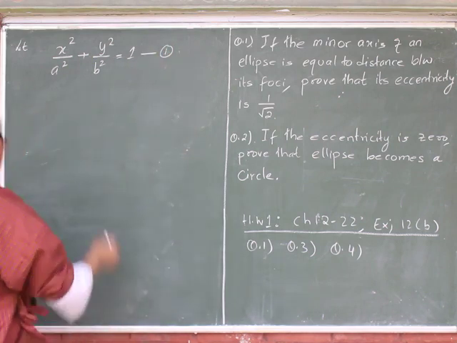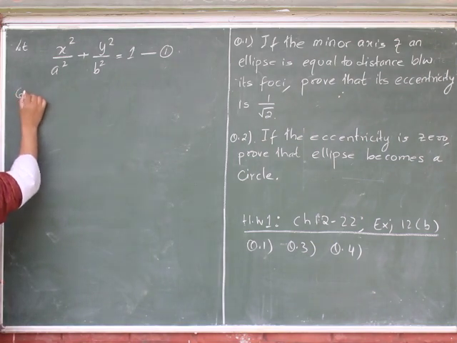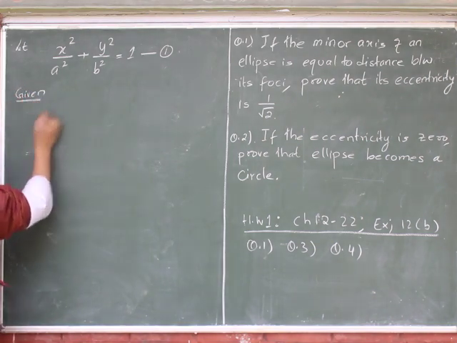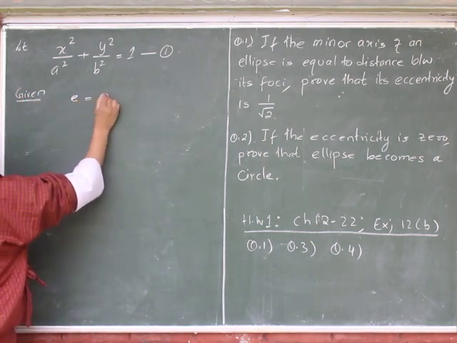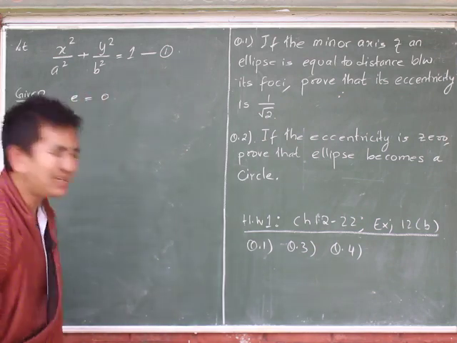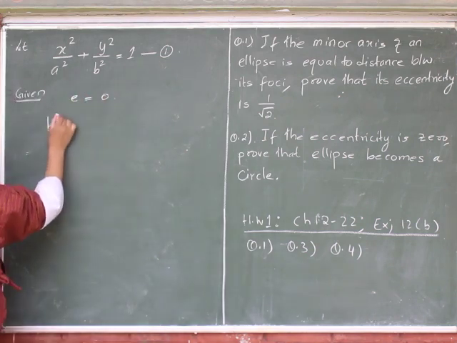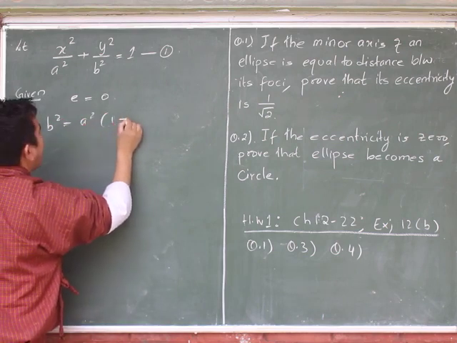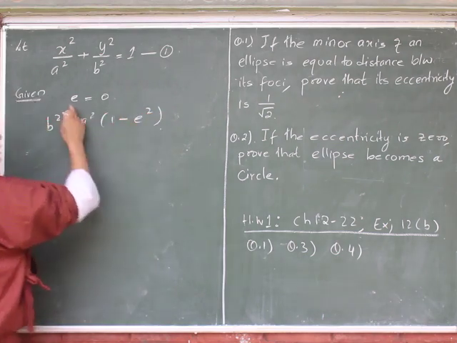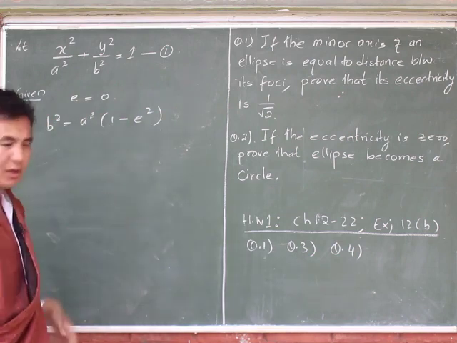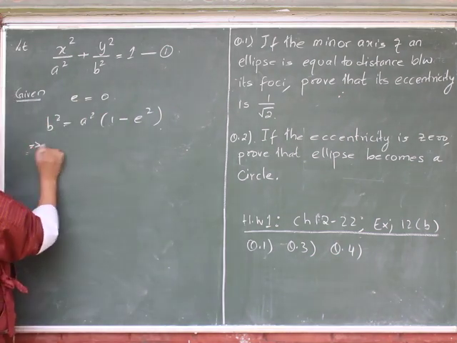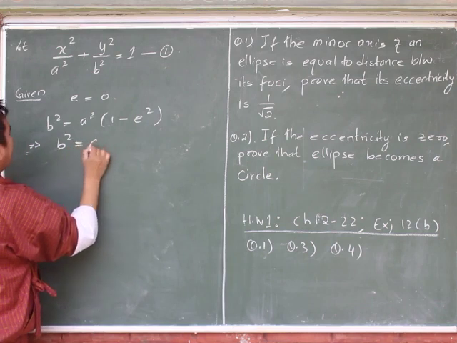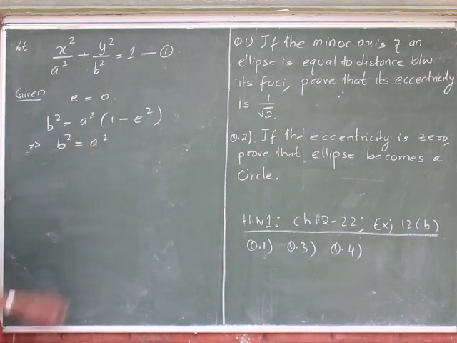What is given here? The e value is equivalent to 0. If that's the case, we know b square is nothing but a square into 1 minus e square. e value is 0, so e square is 0, which implies b square is equivalent to a square. Now substitute in equation 1.